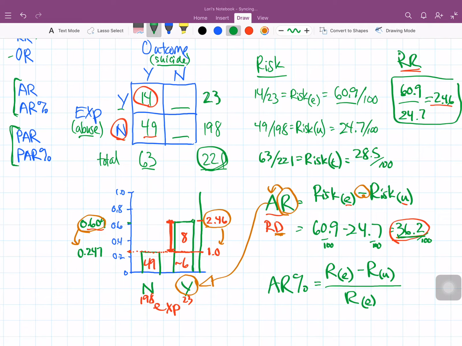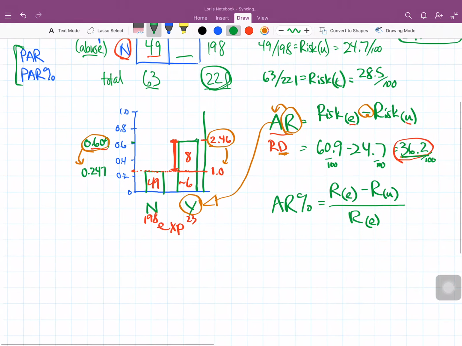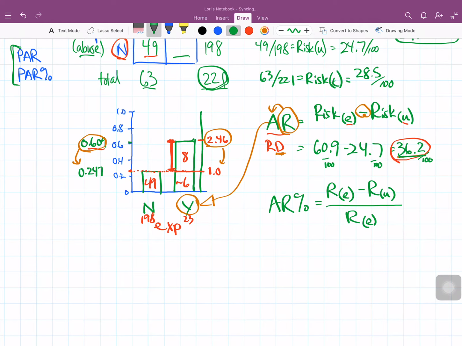What this does, in effect, is show what percentage of this whole right here is this top part, from here to here. Of the whole 23, what part of it is more than we would expect?